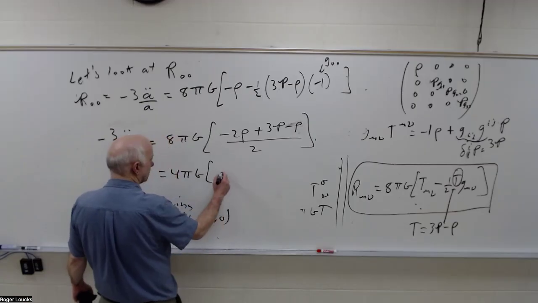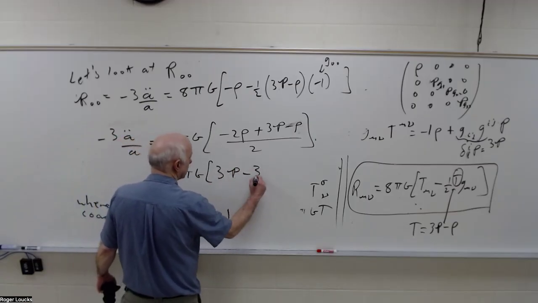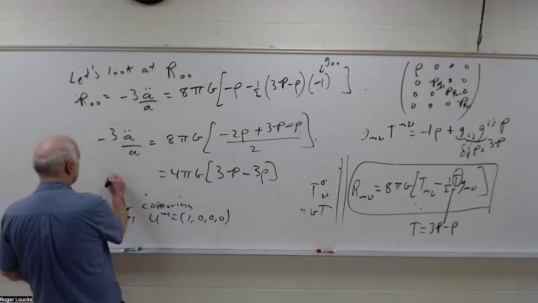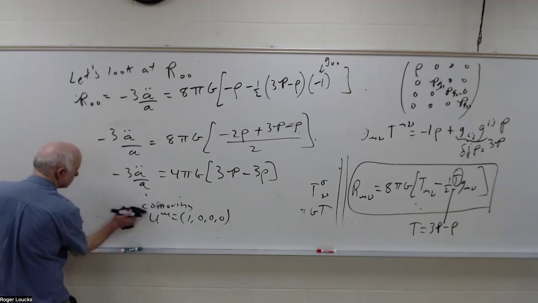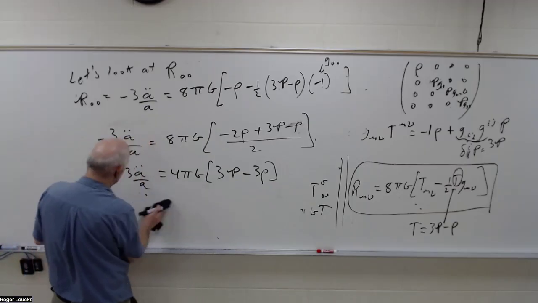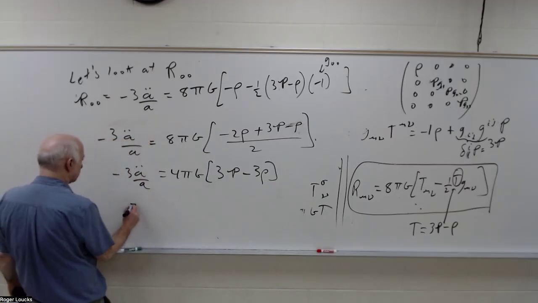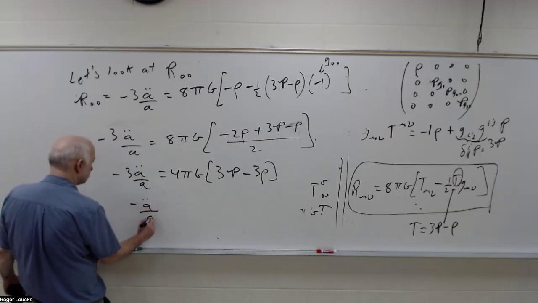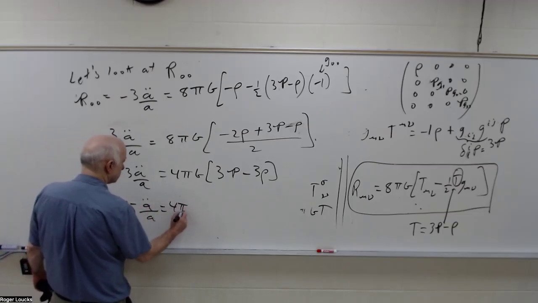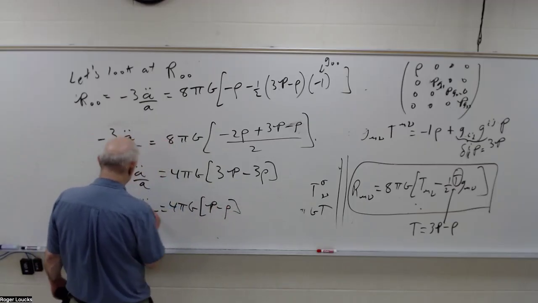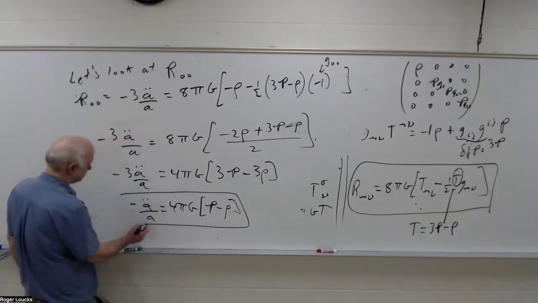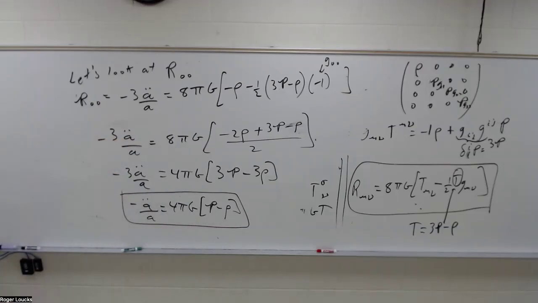I get a 3p minus 3 rho. Get rid of the factor of 3, and this gives me that equation. Okay.